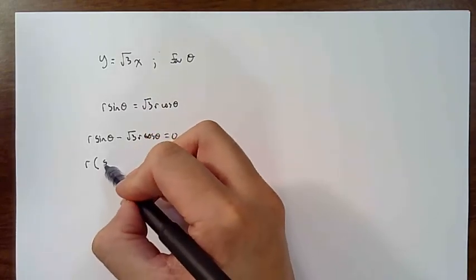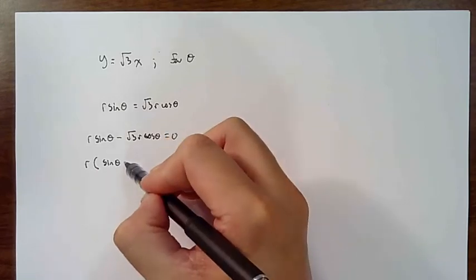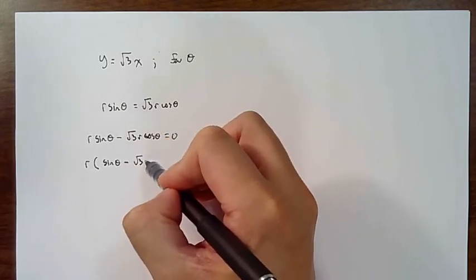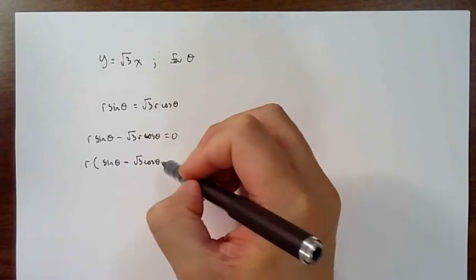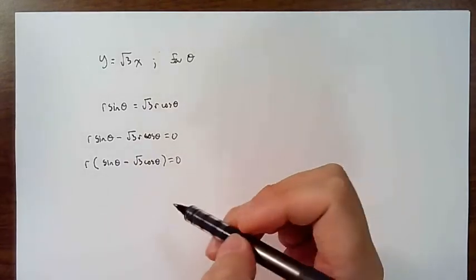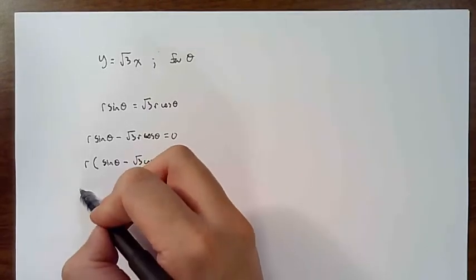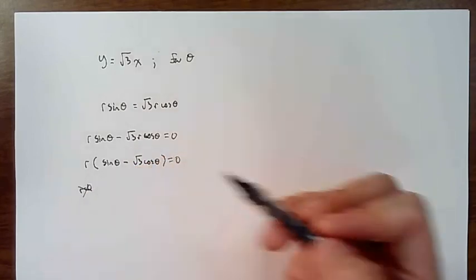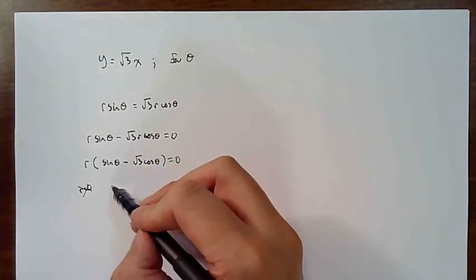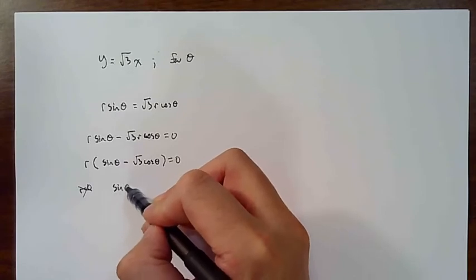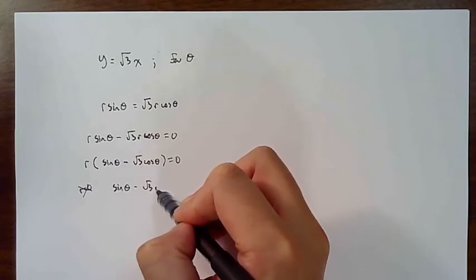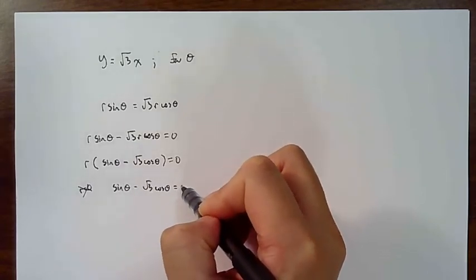So we have sine theta minus square root 3 cosine theta is equal to 0. Again, we could possibly have r equals 0, but that's no good. So we're just going to work with this part here: sine theta minus square root 3 cosine theta is equal to 0.